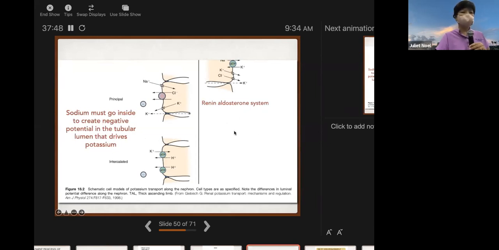The renin-aldosterone system: in the collecting duct, the principal cells are acted on by aldosterone. So when you reabsorb sodium, you secrete potassium.